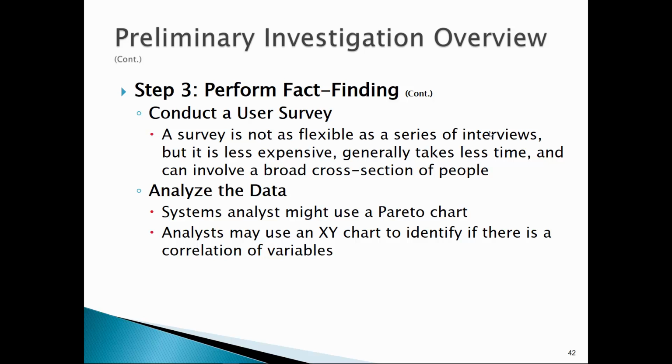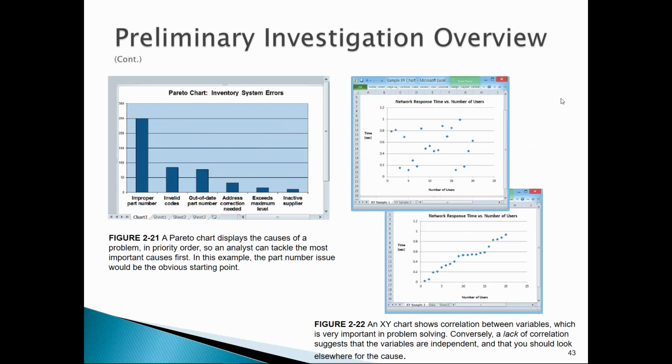We can pull the existing data off of a system. We can analyze the data. We can use charting again, XY axis, to identify if there's a correlation of some variables that we see. So here's some examples. Look, we're going out to Excel here, folks. Putting data in Excel, building Pareto charts, doing all these things to figure out, is there some sort of direct correlation?